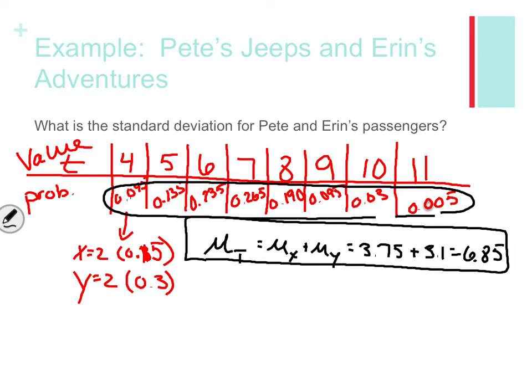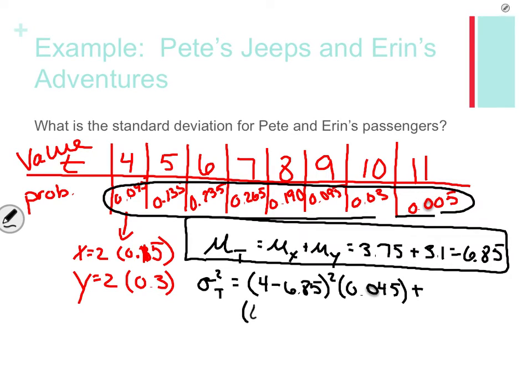That doesn't work for the variances though, okay? So when we take the variances, what we're going to do is the value minus your expected value. We're going to square that and multiply it by each probability and add it to each one of your values, right?